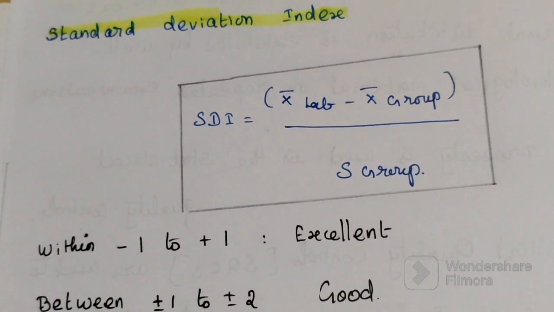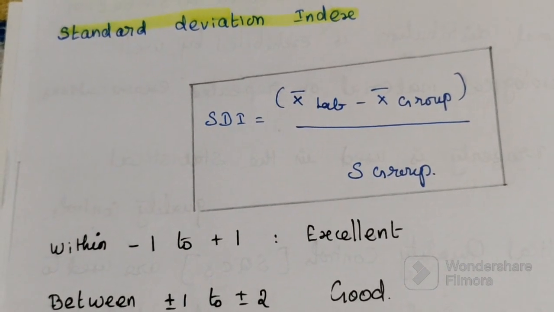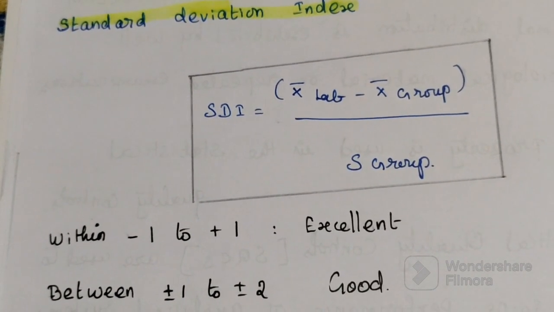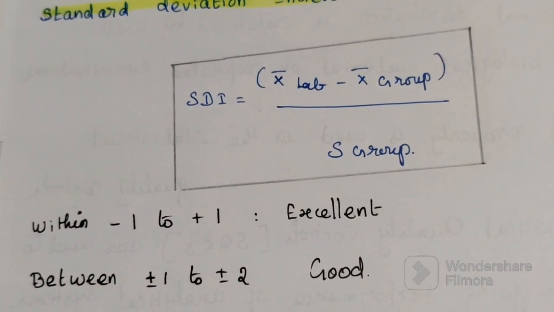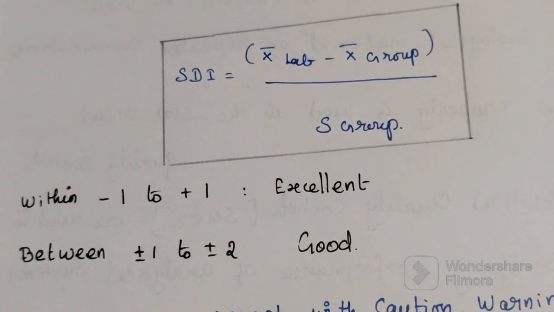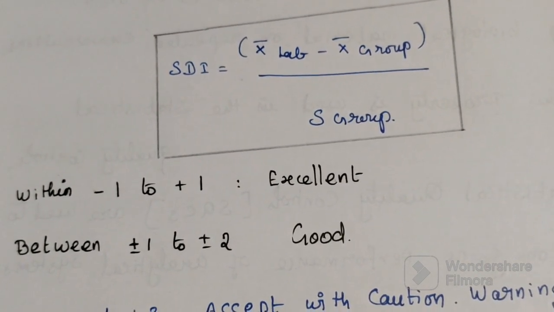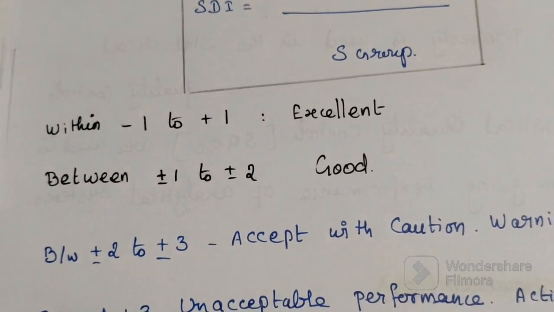It is calculated using our laboratory mean for the particular analyte and the mean of the group. The group means the mean of various laboratories involved in that particular external quality assessment scheme, divided by the standard deviation of that group.